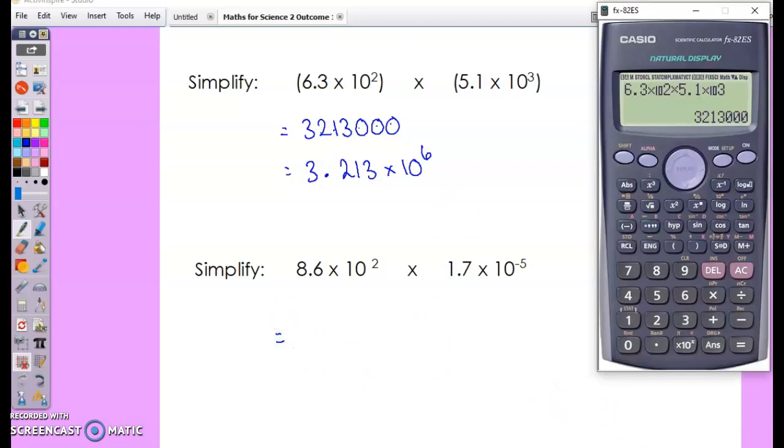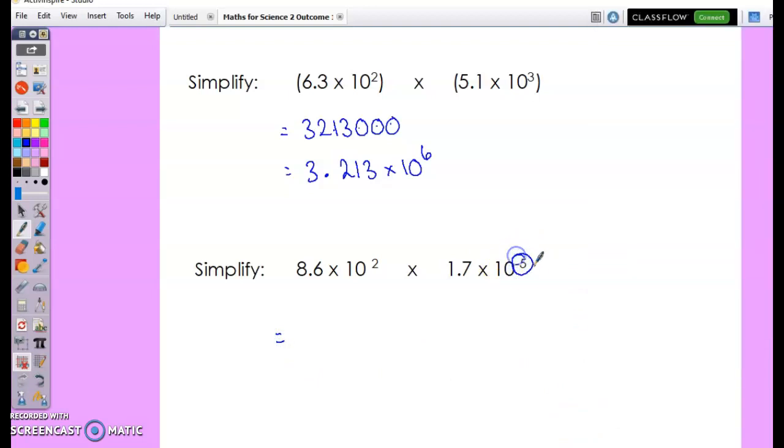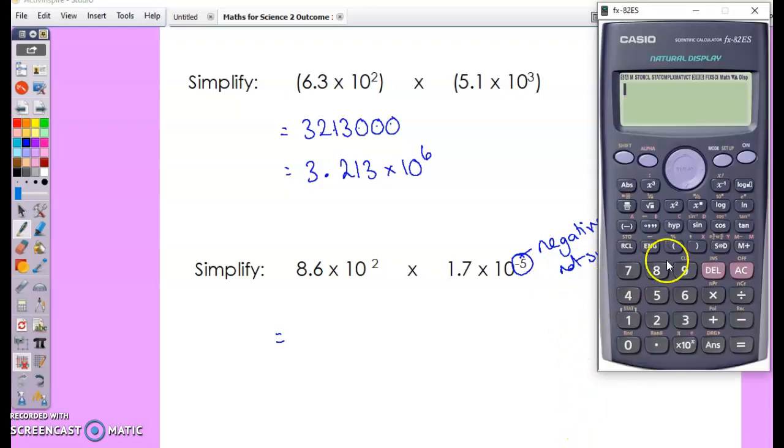Next one. The difference with this one is putting the negative in. Now it's a negative sign, not subtraction. So when you're entering it onto your calculator, you need to use the sign that makes it negative, not subtraction.